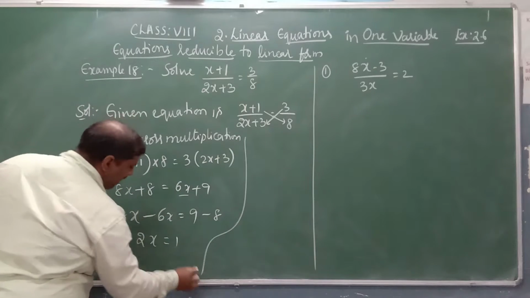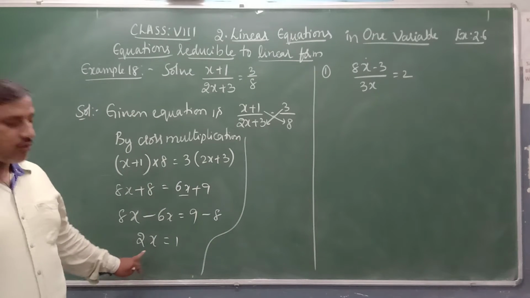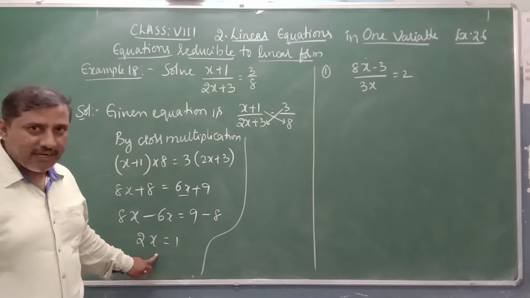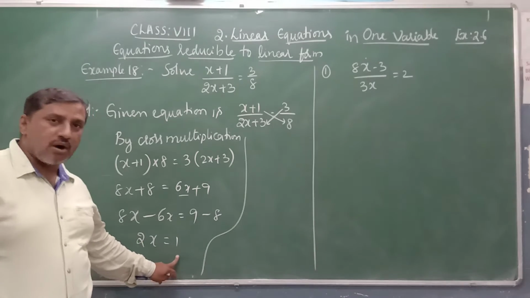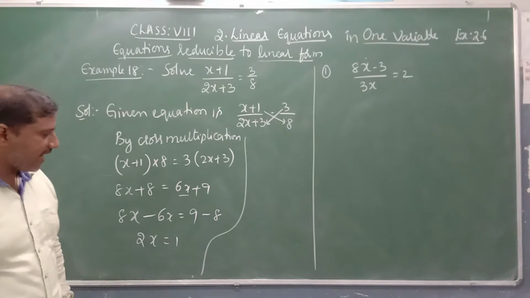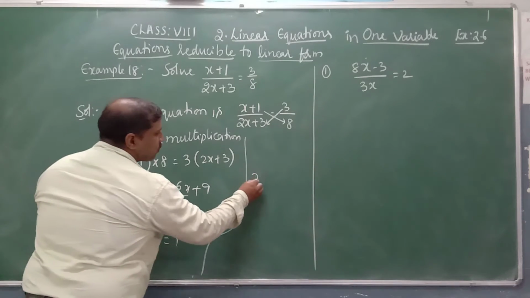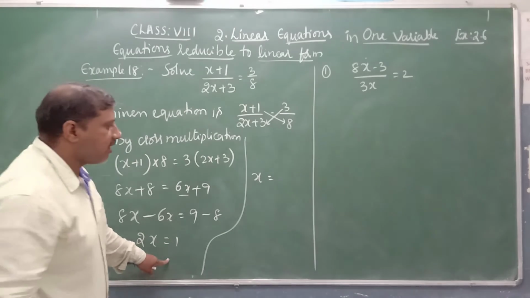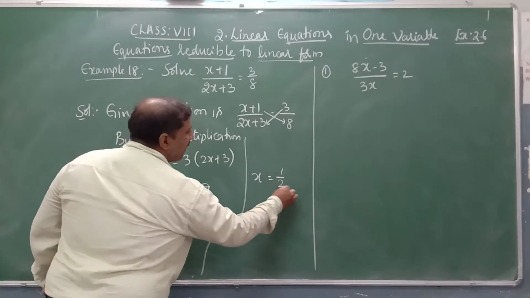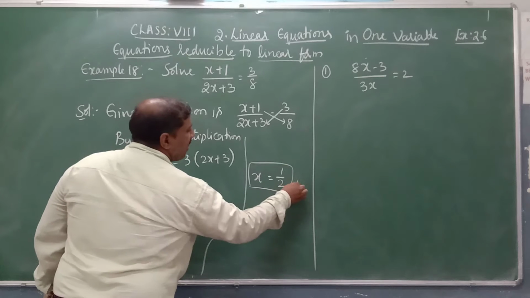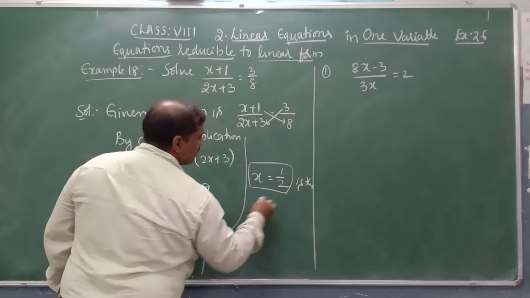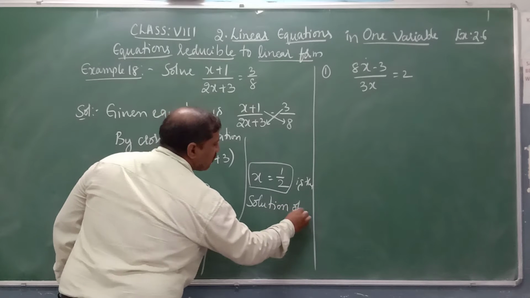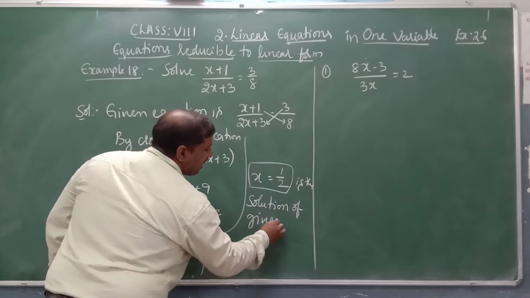Now you have to find the value of x. Here 2x means 2 into x. 2 is multiplied by x. Transpose 2 to RHS to find the value of x. When we transpose 2 to RHS, it divides the 1. That is, x is equal to 1 by 2. This is the solution of the given equation.